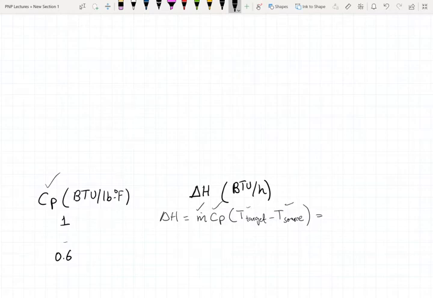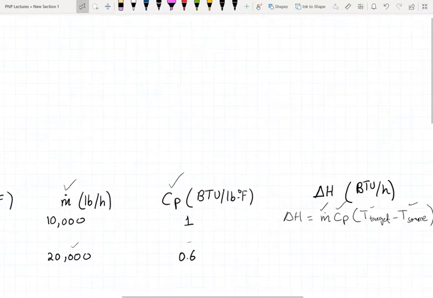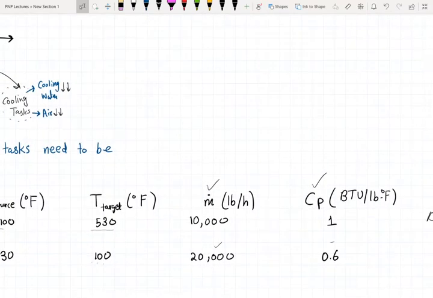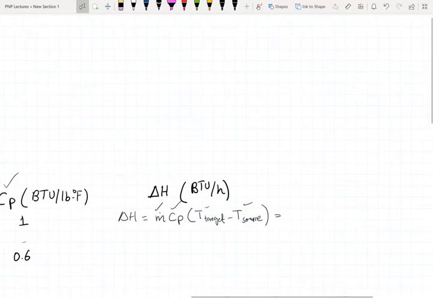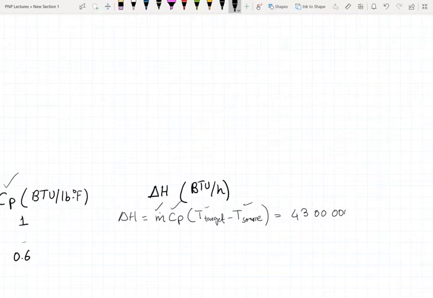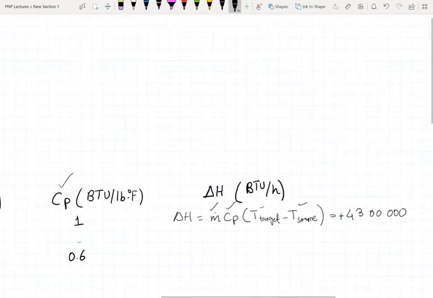Our flow rate was 10,000, heat capacity 1 BTU per pound mass, and a temperature change of 530 minus 100. So that comes out to be a total enthalpy change of 4,300,000 BTU per hour. So this is the energy that needs to be added.